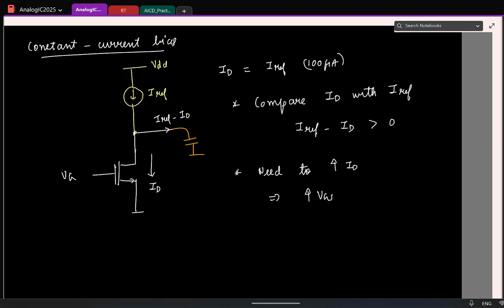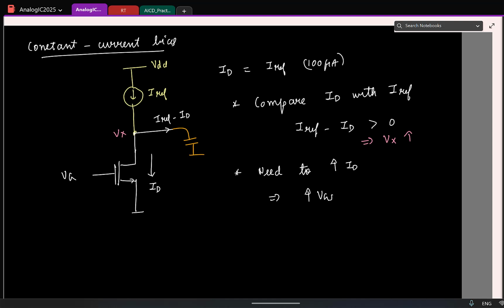So effectively I have a positive current that is getting pushed into this capacitor, right? So if you have a constant positive current getting pushed into a capacitor, what will happen to the voltage? That will keep increasing. So if I call this, let us say Vx, maybe I'll do a different color. Let's say this is Vx. So in this case, my Vx will increase.